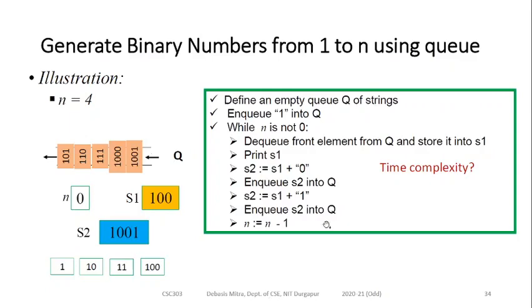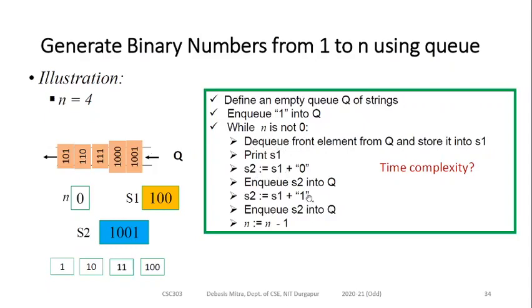Exactly. And the steps here are constant. Within the while loop, this is the dominating portion of the algorithm, and this while loop runs exactly n number of times. Inside the body of the loop, you can see the steps are finite and constant. It is pretty simple, step 1, 2, 3, 4, 5, 6.